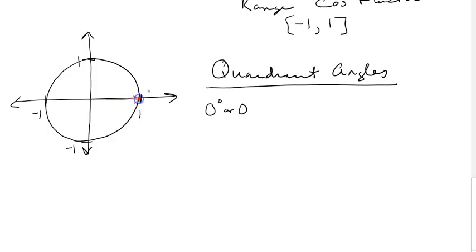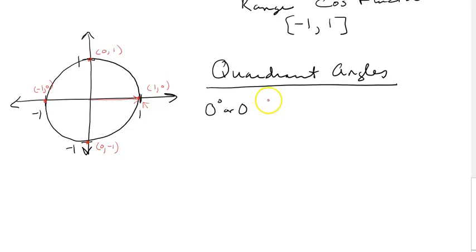Let's look at coordinates instead of just those values. So that would be 1, 0. Coordinate here, 0, 1. Coordinate here is -1, 0. And the coordinate here is 0, -1. So when you're looking at 0 degrees, you're falling right here.